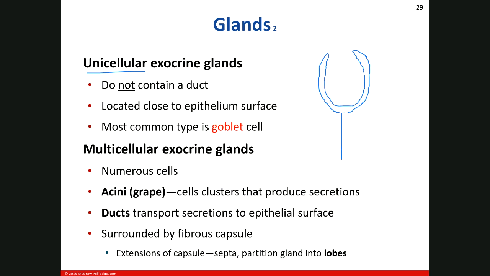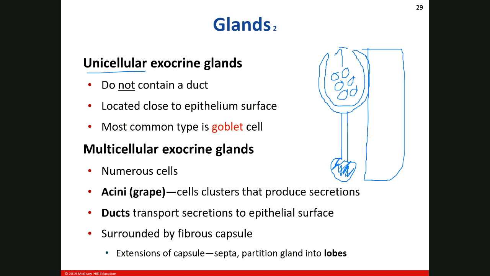Then you've got the nucleus down at the bottom. It's a horrible drawing, but you know what I mean. And then you've got your glycoproteins, the mucin, down in here, and they move out this way. Then you'll have a columnar epithelium here and another over here, depending on if it's non-ciliated or ciliated.